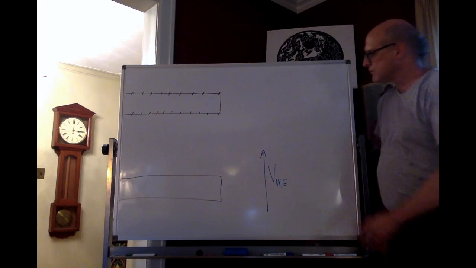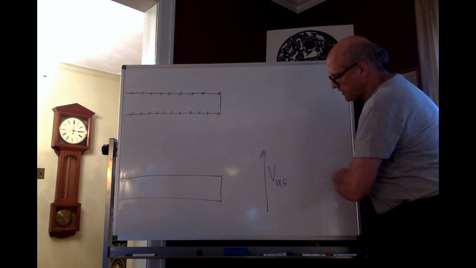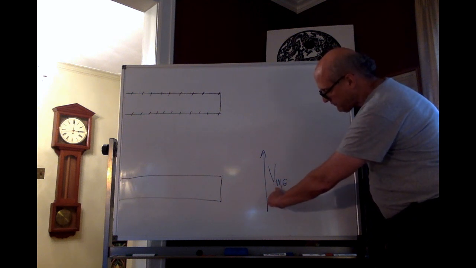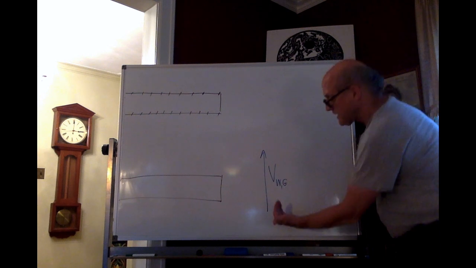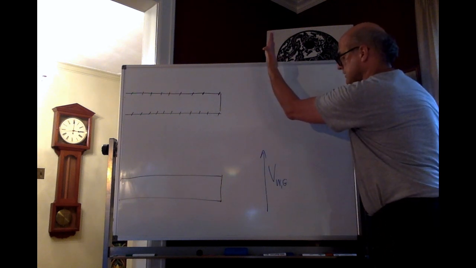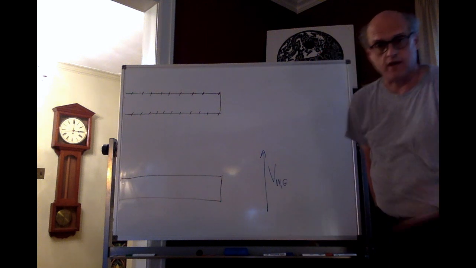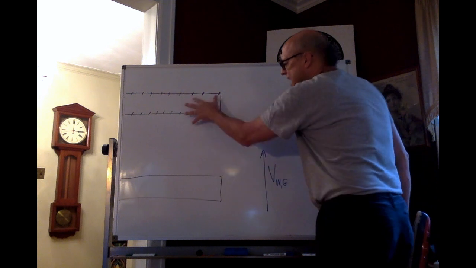Suppose now we have a river, so I have VWG. What this represents is the speed of the water relative to the ground, let's say directed this way. Okay, so with the arrow, that's the velocity of the water relative to the ground. So it's a river. And here we have a dock.